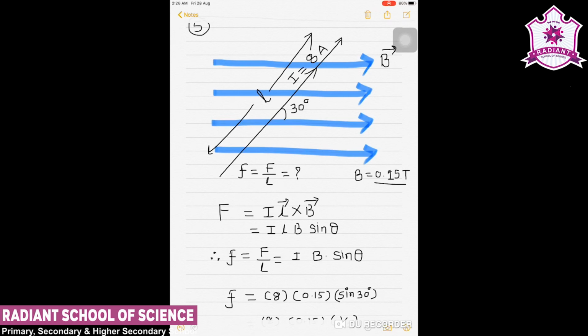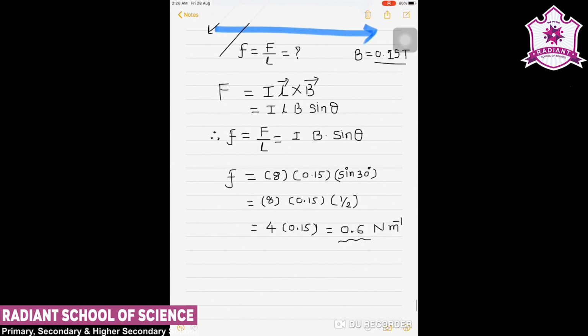The value of the uniform magnetic field is 0.15 Tesla, and we apply the equation force equals IL cross B. By applying this equation we put in the different given quantities, and when we simplify we get that force per unit length is IB sine theta, and it equals 0.6 Newton per meter. So this is for example number 5.